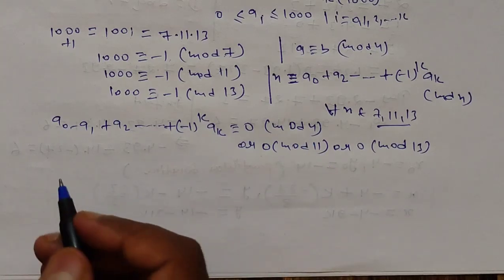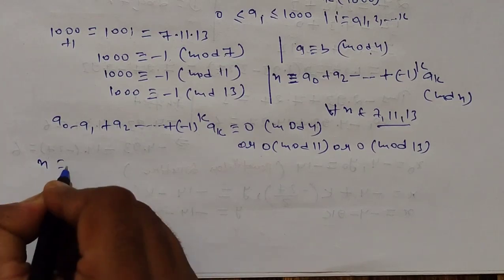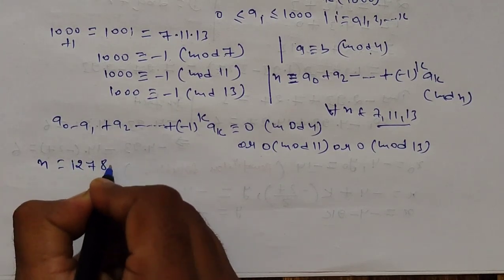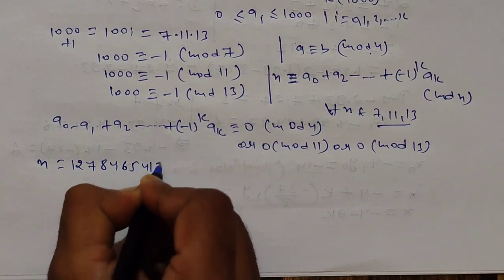Now for example, we can consider n is equal to 1, 278, 465, 413.